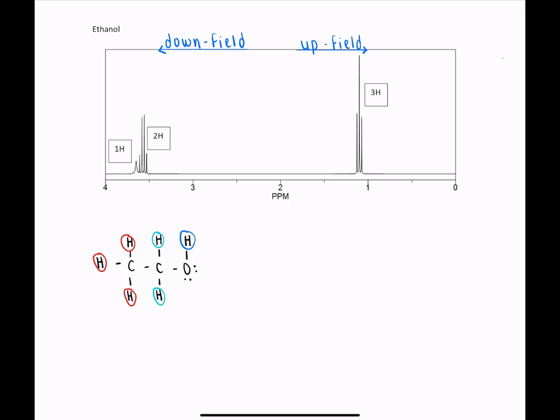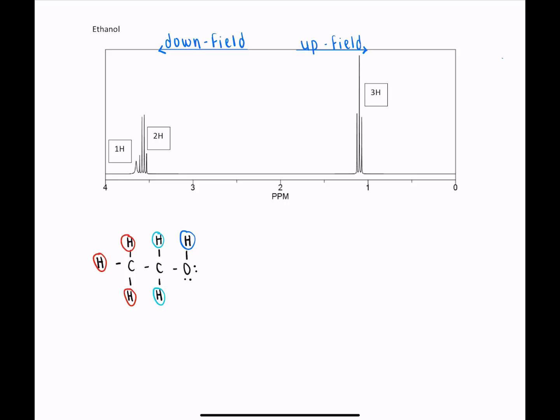Next, we need to determine the splitting patterns of our 3 different groups. From this, we know there are 3 signals to look at in our proton NMR. When determining your splitting patterns, you look to the adjacent carbon, and the number of hydrogens is how many splits you will have.